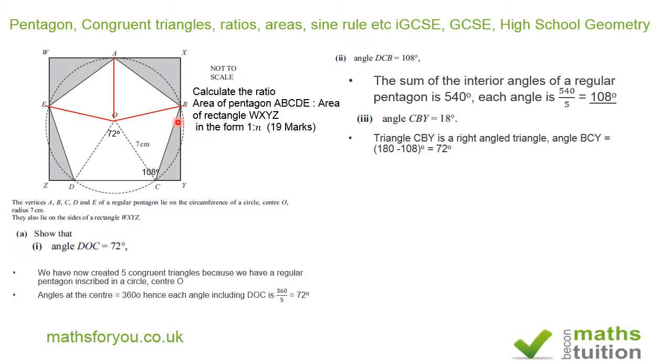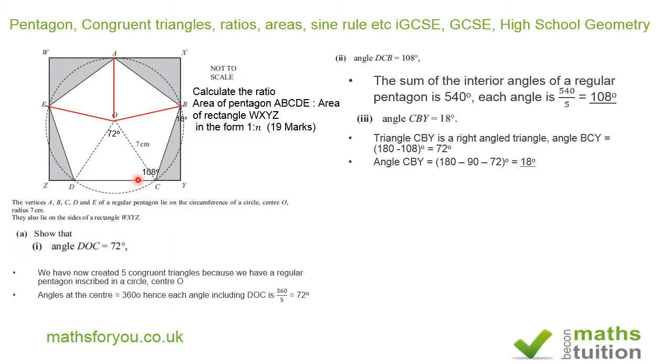We need to find the angle CBY. If we do 180 minus 90 minus 72, I will get 18 degrees. So the angle CBY is 18 degrees.